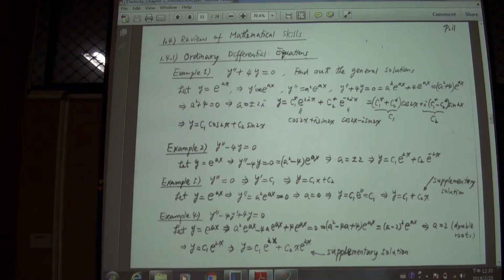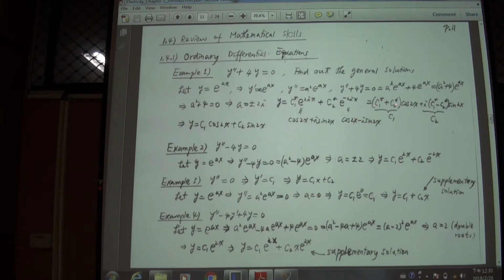This is called the Euler formula, and it can also be found in books of differential equations or engineering mathematics. We just take it for granted here. So e^(2ix) equals cosine 2x plus i sine 2x, and the other one equals this. And then we collect the terms.